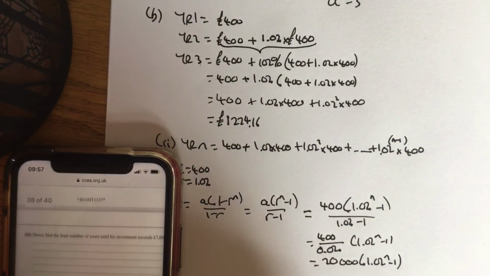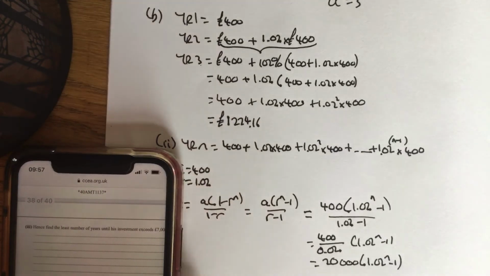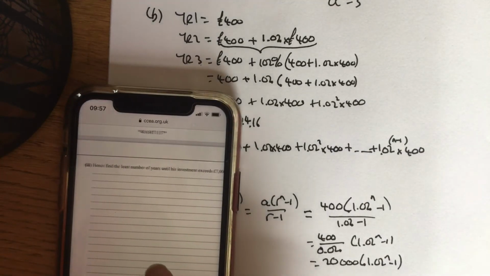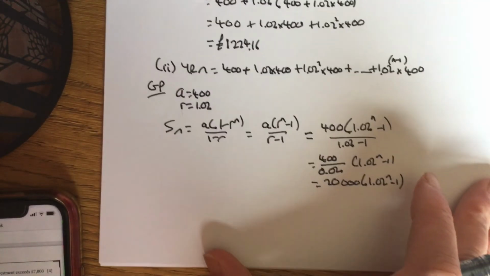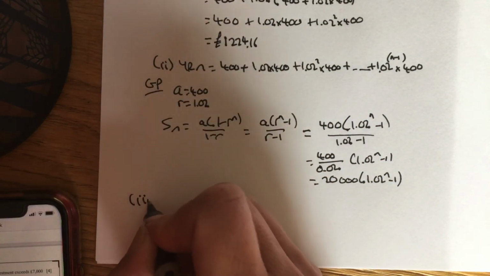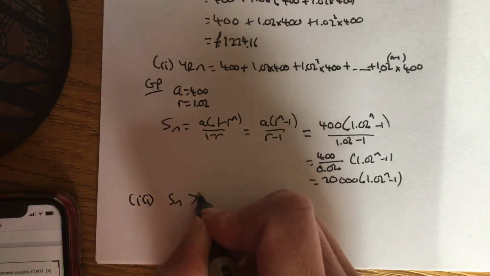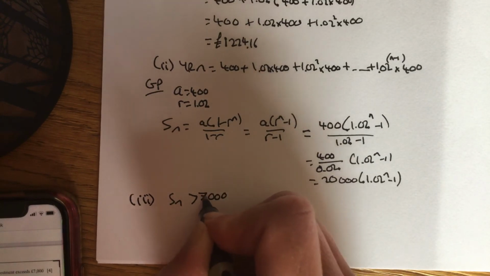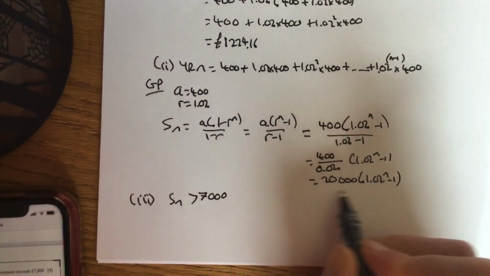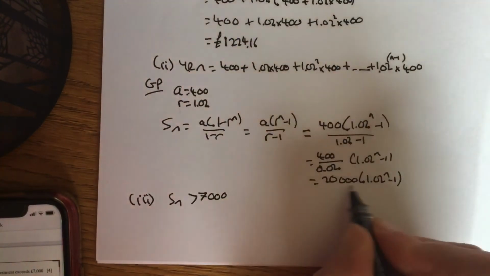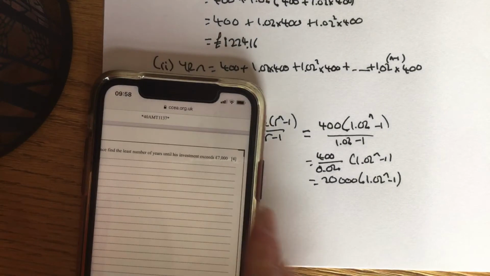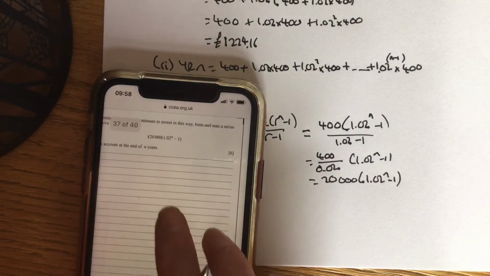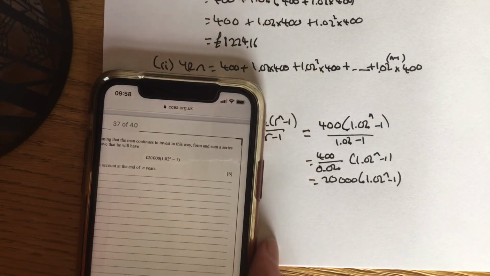And the last bit of this question, hence find the least number of years until his investment exceeds 7,000. So I'll take a bit of space here. I want to know when his investment exceeds 7,000. Now, the Sn formula from up above is there. Even if you couldn't get this part of the question, you can still use it from the actual question sheet, so just use the formula that they've given you.